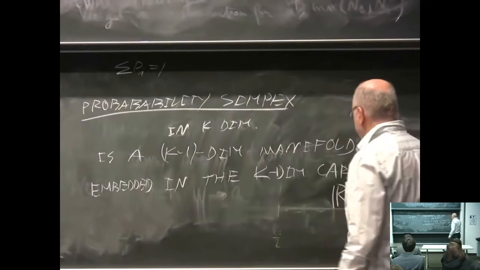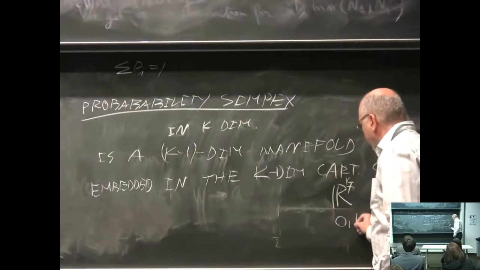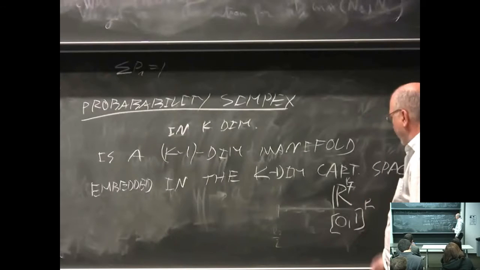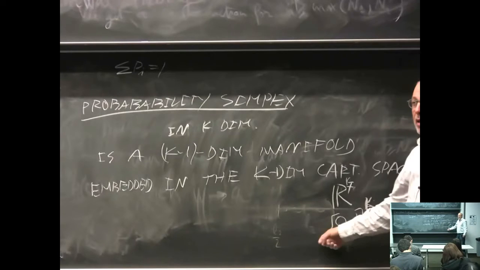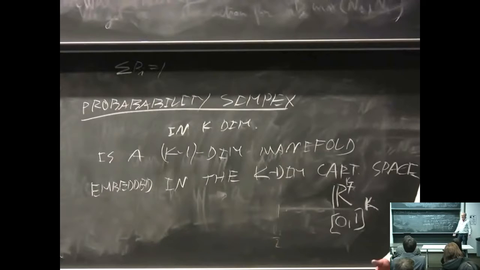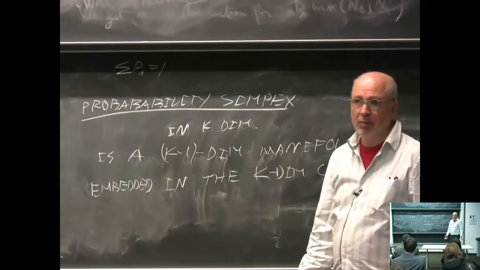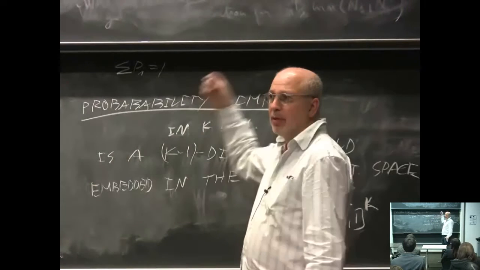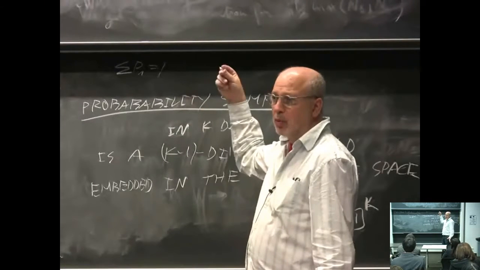Or you can say it's inside the 0 to 1 to the k, right? So it's in the space that's represented by the intervals from 0 to 1 along each one of the dimensions. So it's like a unit cube where one corner is at 0, 0, 0, 0, 0, and the opposite diagonal corner is at 1, 1, 1, 1, 1, 1.